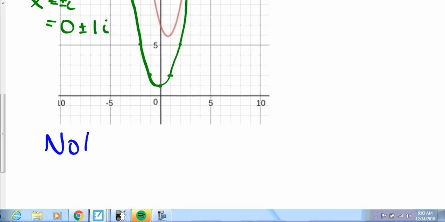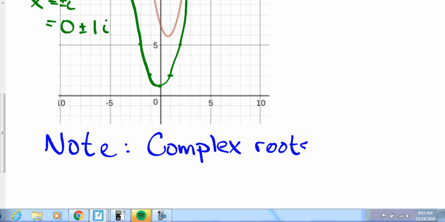Note, complex roots always. Should I put it in all caps too? Let's do all caps. Caps lock.